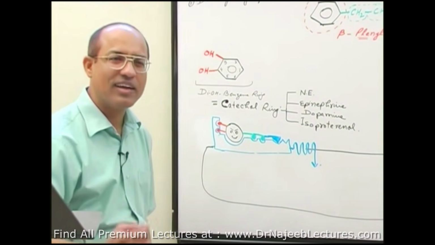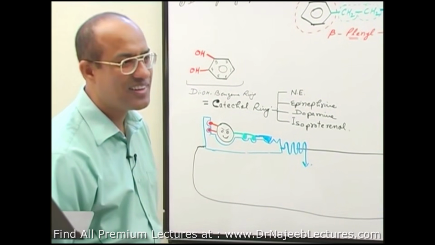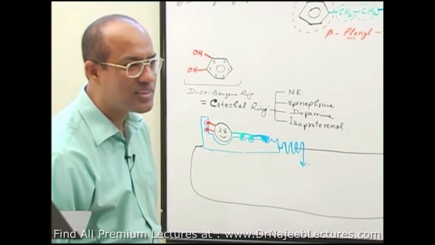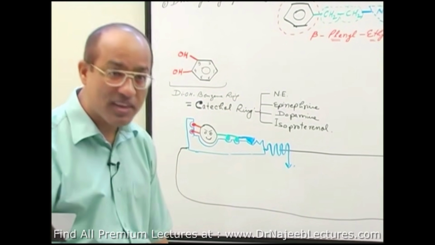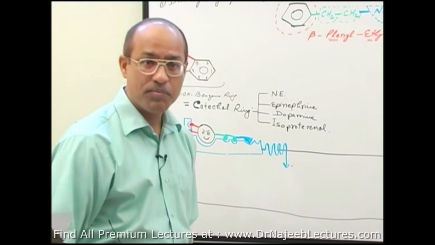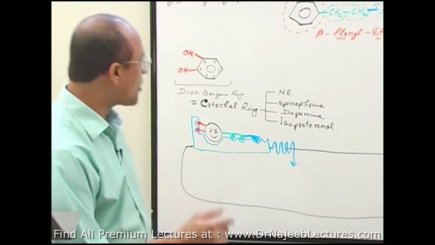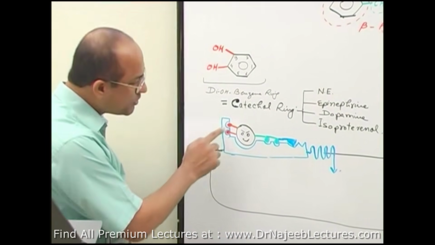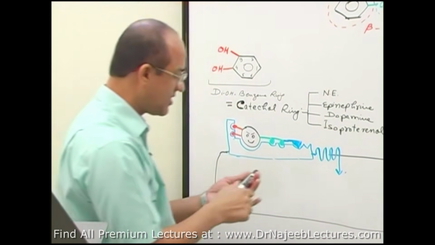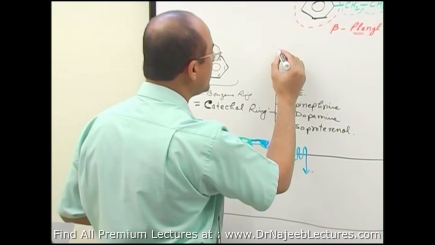So we say the drug has high potency. So what does it mean? All the catecholamines are highly potent drugs. Potent means as far as binding with the receptor, right? They have high potency. Now look, from all this discussion you can infer it. Look here, if we remove these hydroxylations, there is catechol.